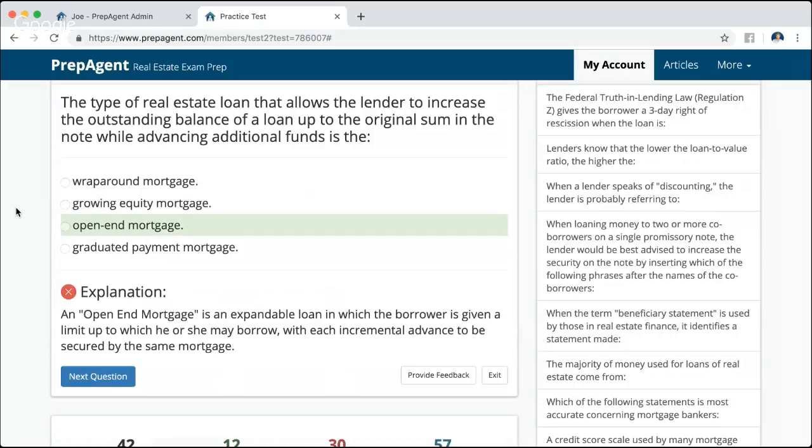It's open-end mortgage. Open-end mortgage is like a credit card where you can just keep borrowing against it, increasing your debt.